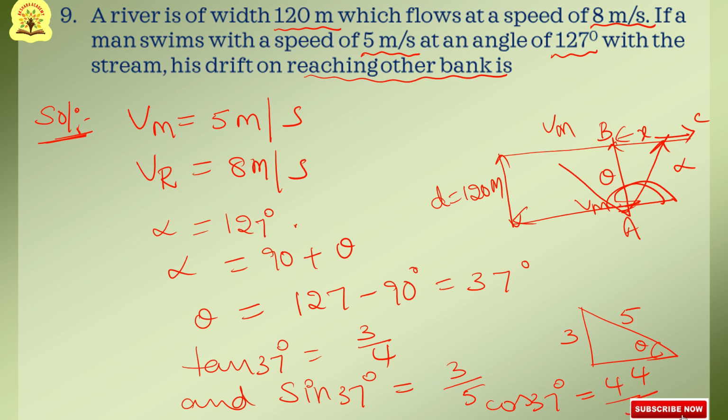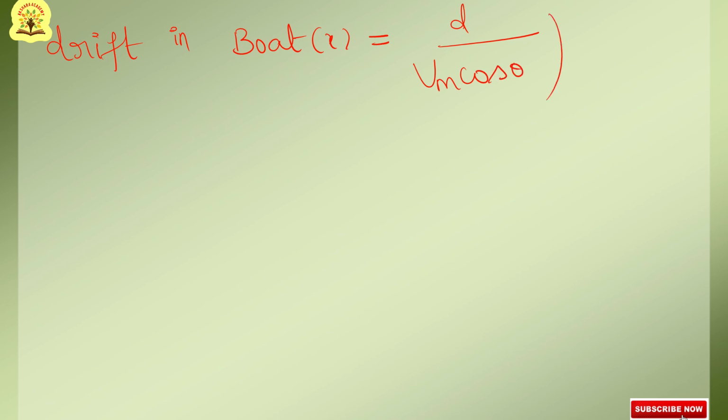Now we are calculating the drift of the boat: x is equal to d by Vm cos theta, into Vr minus Vm sin theta.